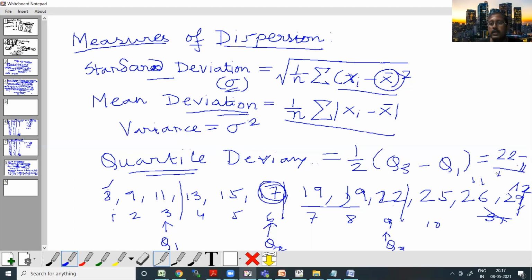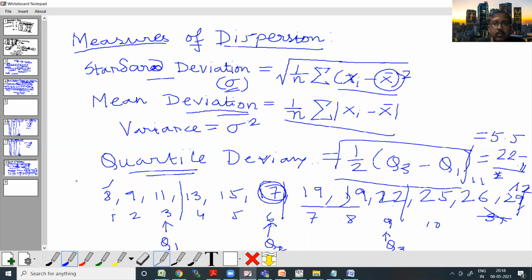So 22 minus 11, I'm sorry, the writing is not that great, so pardon me for that. 22 minus 11 is 11, divided by 2, which is 5.5. That is my quartile deviation. So this is the formula of quartile deviation: half of Q3 minus Q1.